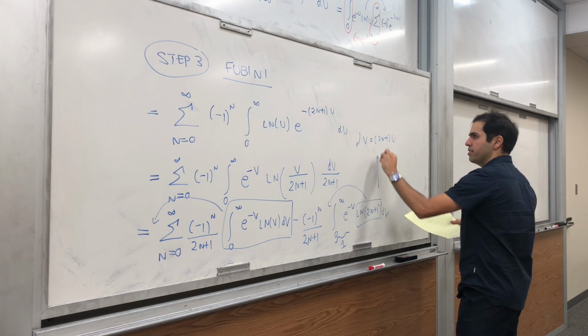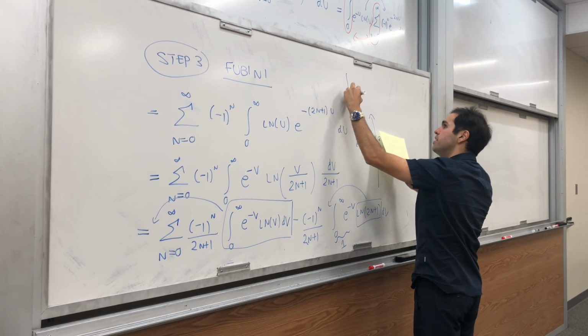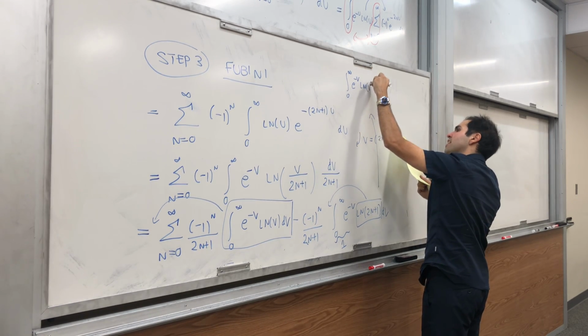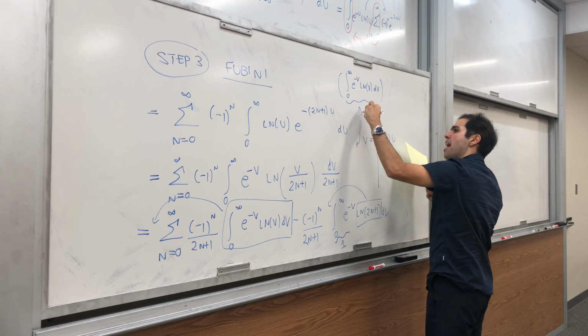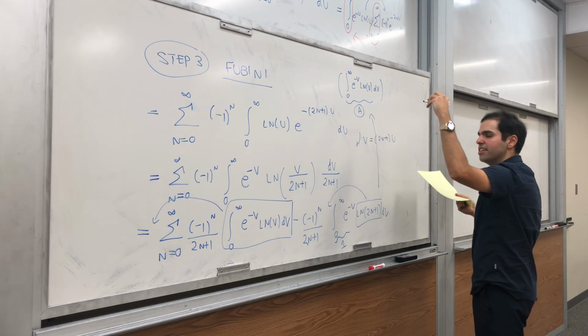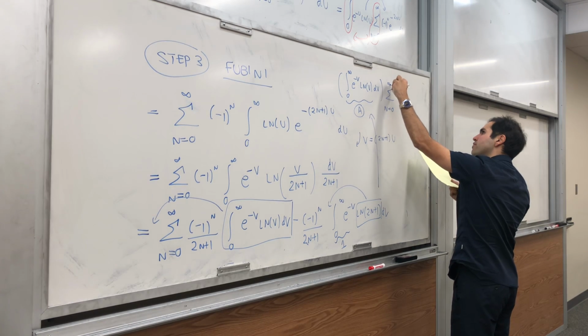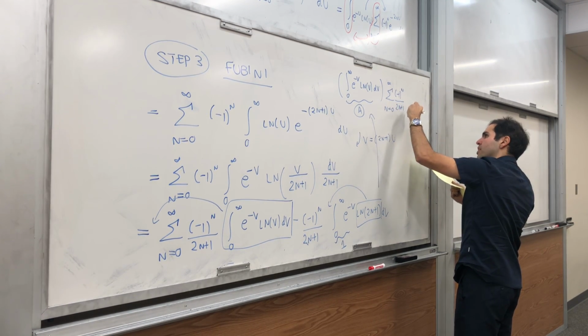namely, let me write this here. So we have, first of all, the integral from 0 to infinity, e to the minus v, ln of v dv. That's our term A. Then, the sum from n from 0 to infinity of minus 1 to the n over 2n plus 1.